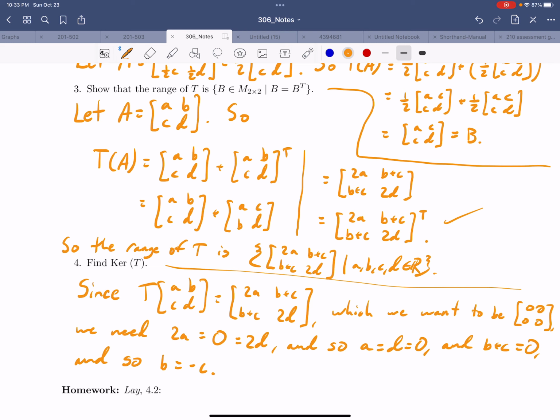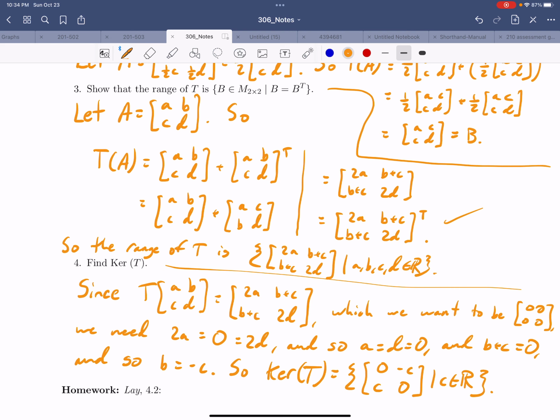So the kernel of T equals the set of all matrices [0, negative c; c, 0] for real numbers c.